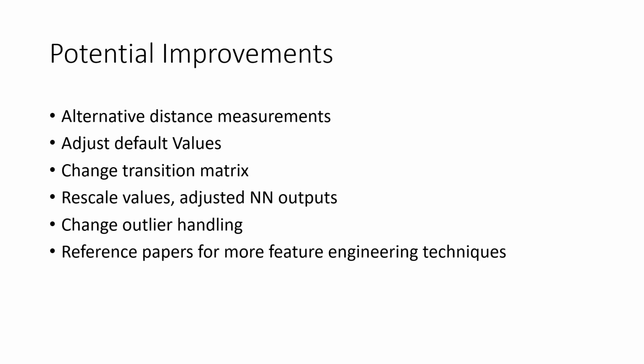Alternatively, there's a lot of simplifications that were made. The outlier process was sort of back of the napkin, and the transition matrix we used, the substitution matrix rather, there's a lot of different options available in the literature. That's a common version, but other possibilities exist that might give better results.